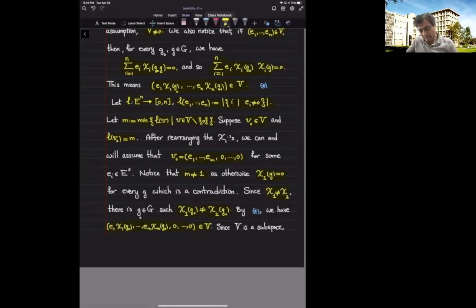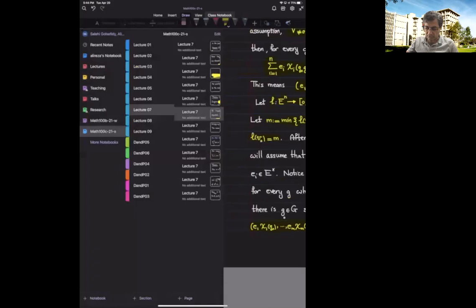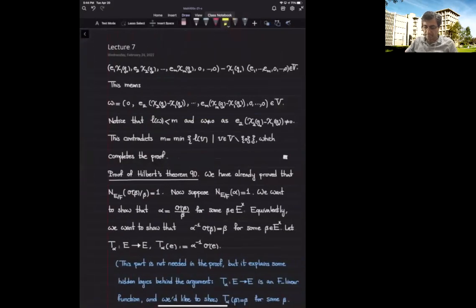But that's not possible, and that's how we reach a contradiction. Okay, let's see. So this vector is inside V. I multiply E sub i's by chi 1 of G naught, and then I look at the difference. Because V is E linear, and this guy belongs to E, these vectors are inside V, this difference is still inside V.